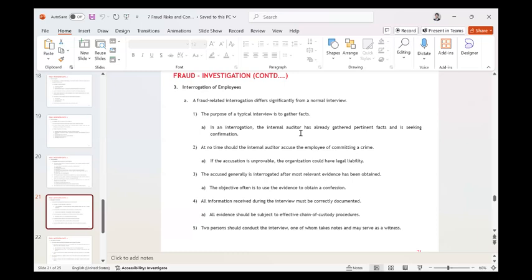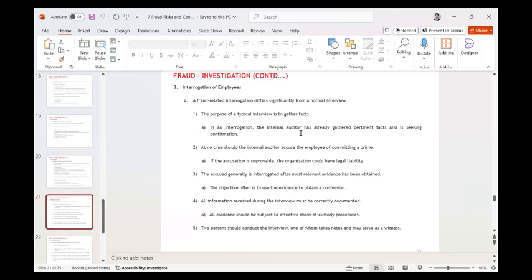Because you can always say you were under stress, you were being interviewed or interrogated for 5 hours, you just want to get out of it. You were coerced, you were forced, so many things. But of course, there are things that you can do to enhance the authenticity of that statement. Of course, that is not part of the syllabus, so I will not go there.